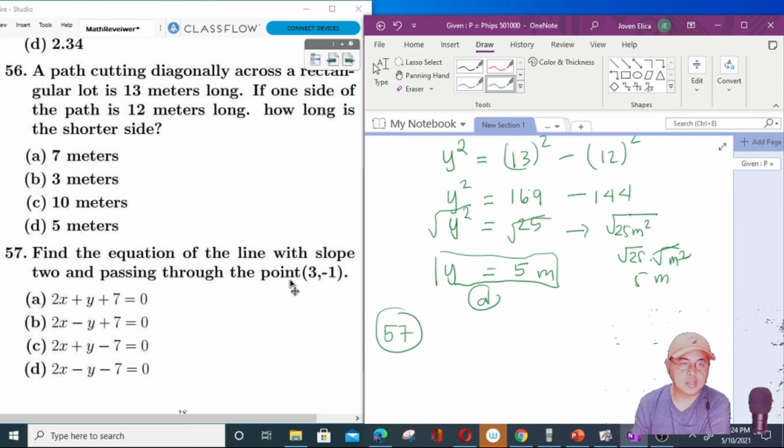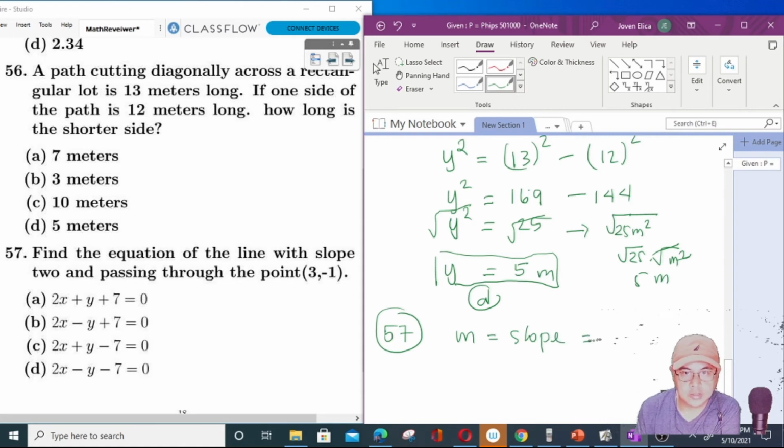Find the equation of the line. So this is geometry. Find the equation of the line with slope 2 and passing through the point. So we have a given slope which is equal to 2. And then we have the given point P, which is 3 and negative 1.